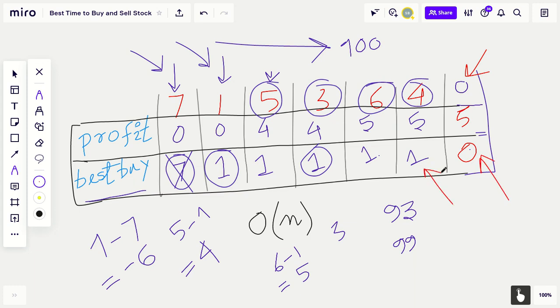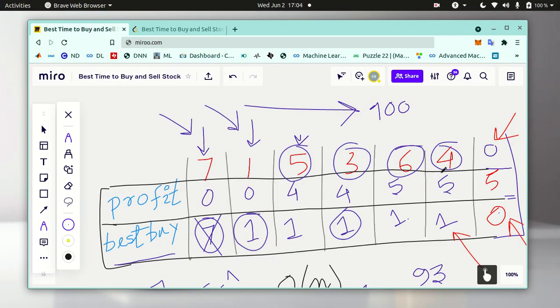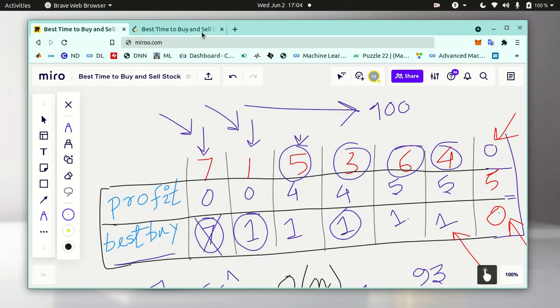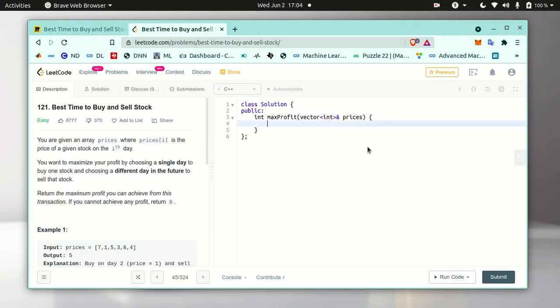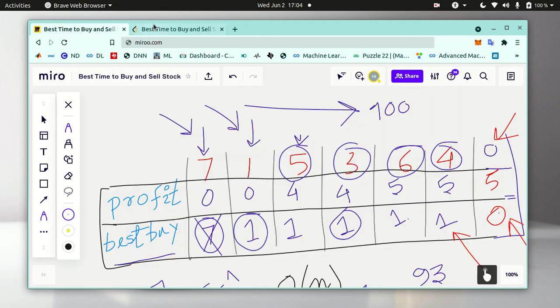So now let's do the code. Two variables, one is profit and another is best buy.